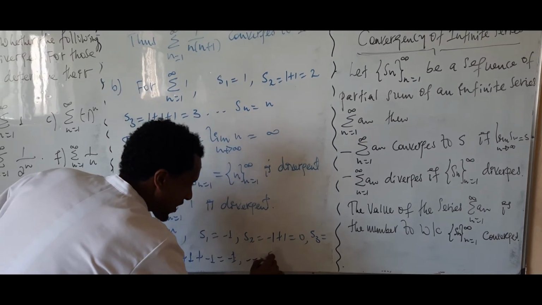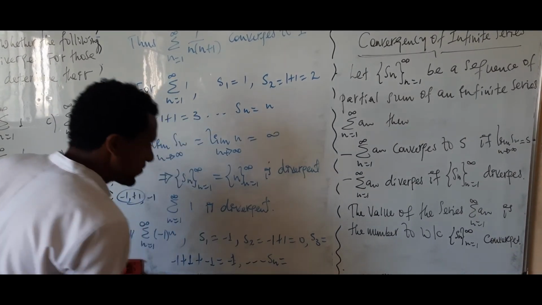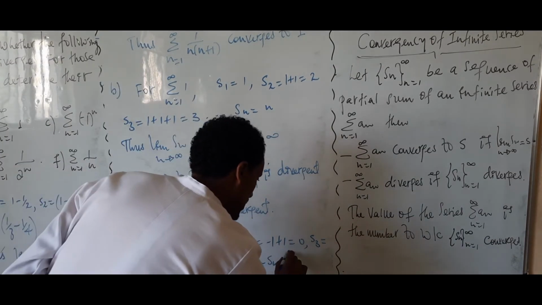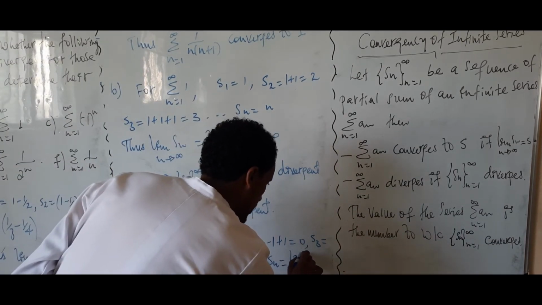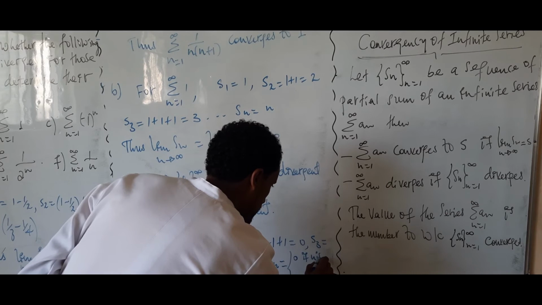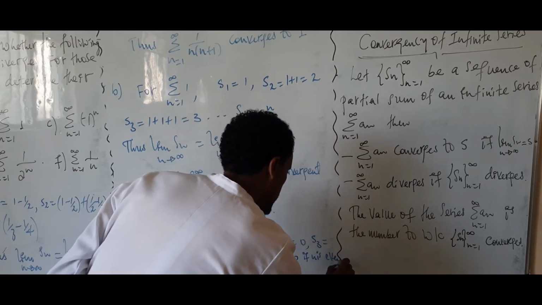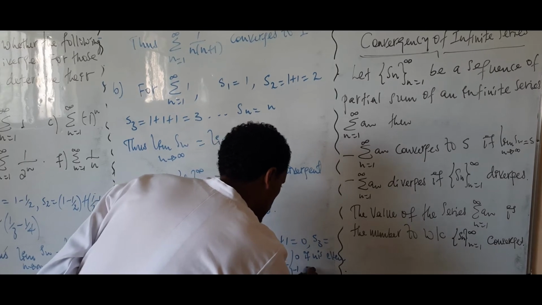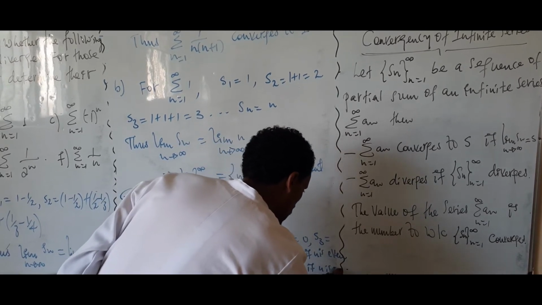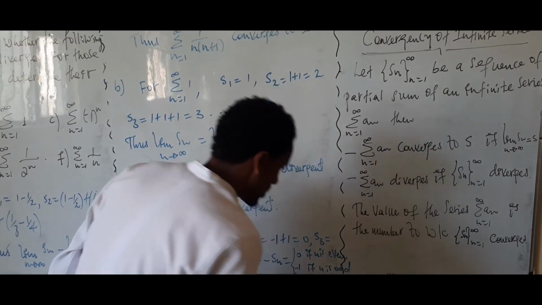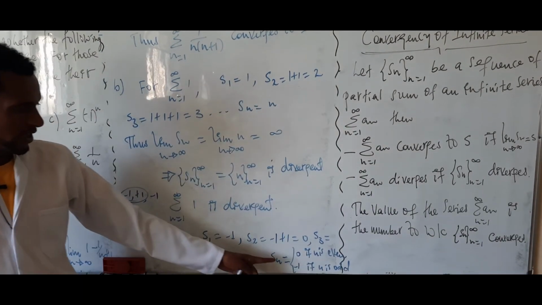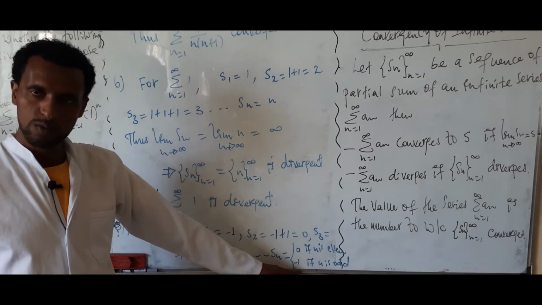And Sn is equal to 0 if n is even, and minus 1 if n is odd. When n is odd, Sn is equal to minus 1.